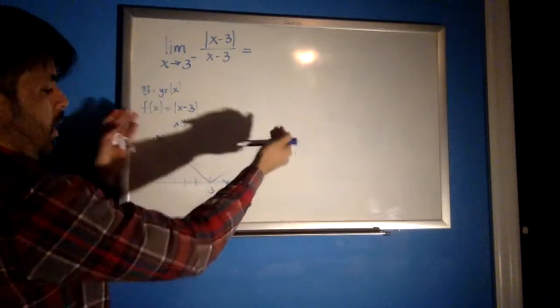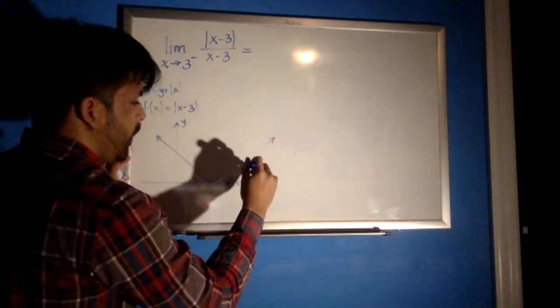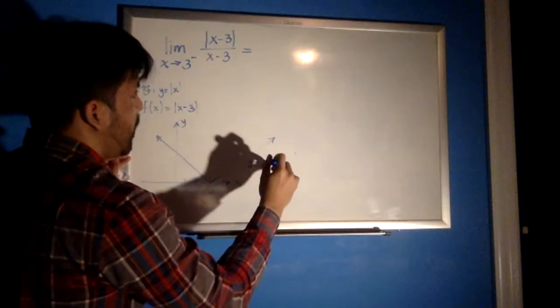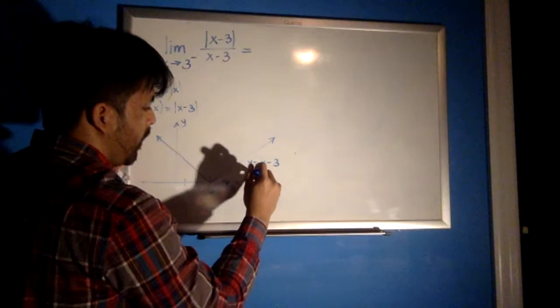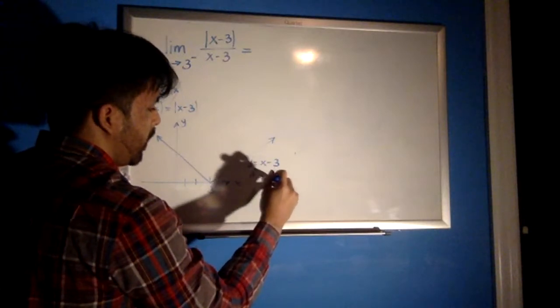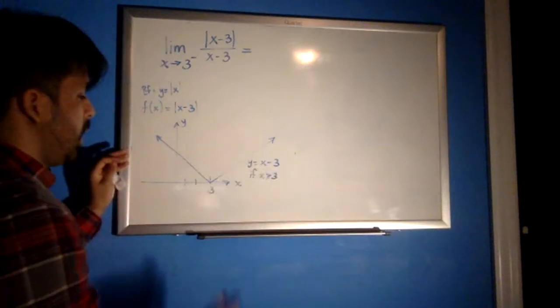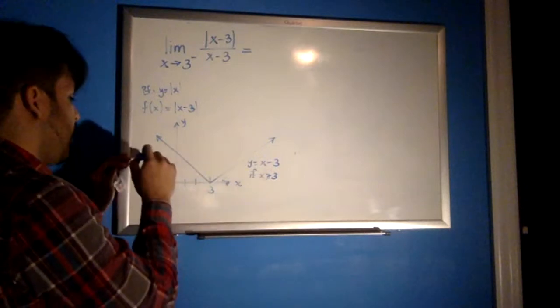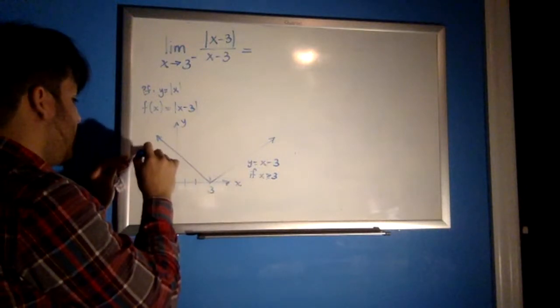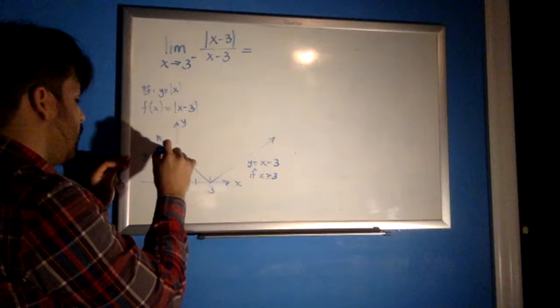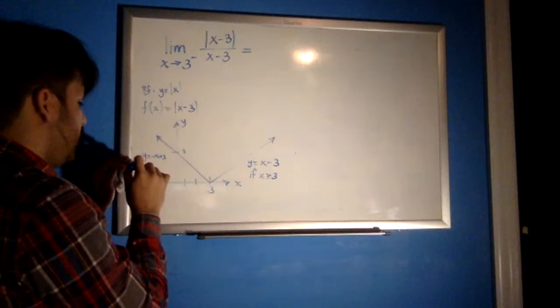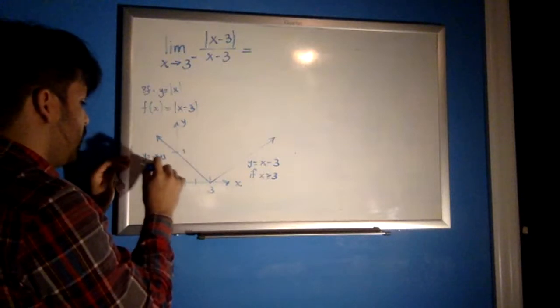So to the right of 3, what's my function? It's x minus 3 if x is bigger than or equal to 3. But what happens to the left of 3? Well, I get y equals negative x plus 3. And this is if x is less than 3.